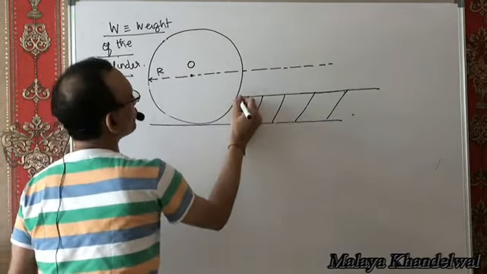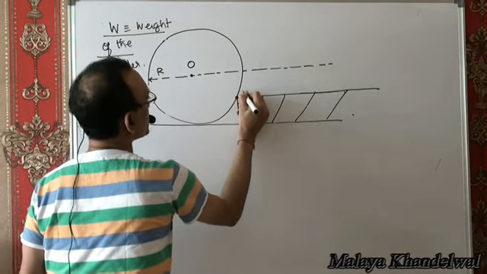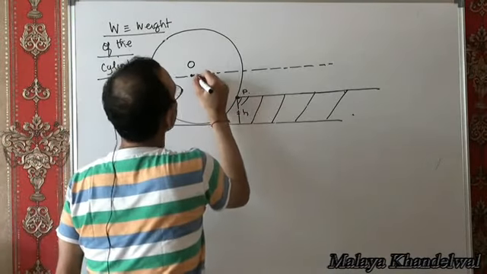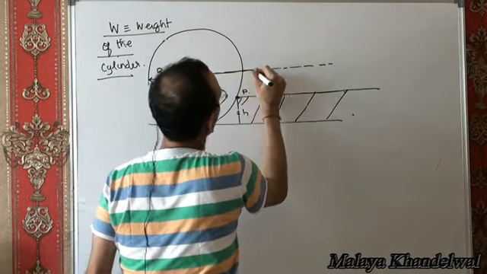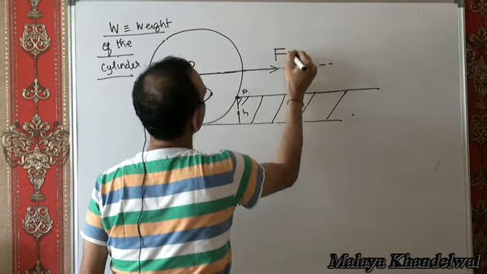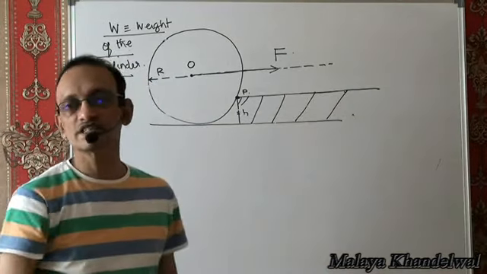This is the point of contact with the step, P. And there is a force that I apply passing through O, parallel to the horizontal. A horizontal force F is applied, whose line of action passes through the center of the cylinder.